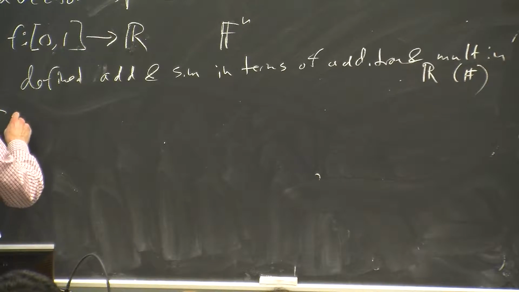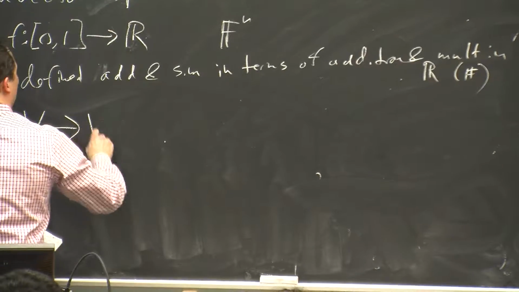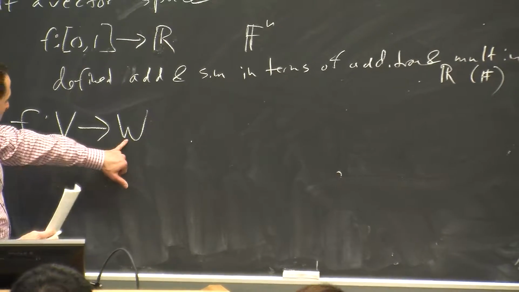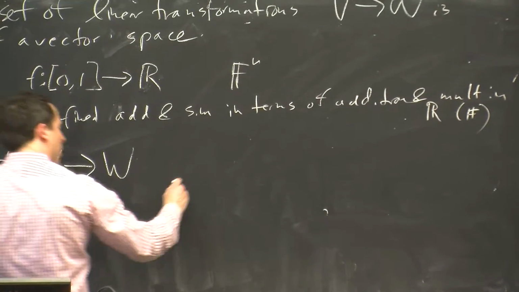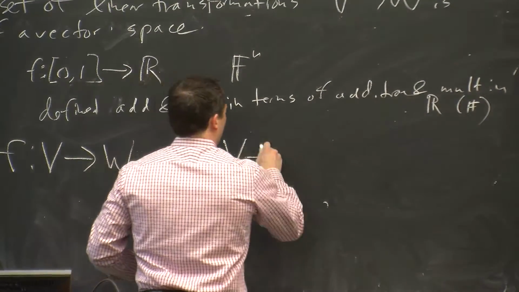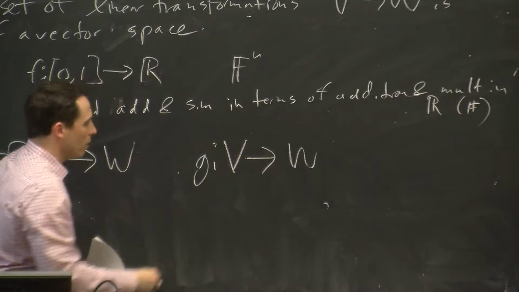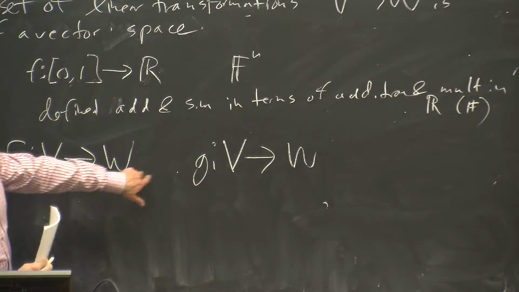So I have a linear transformation from V to W. W is a vector space. I have another function, V to W, which is a linear transformation. And W is a vector space.